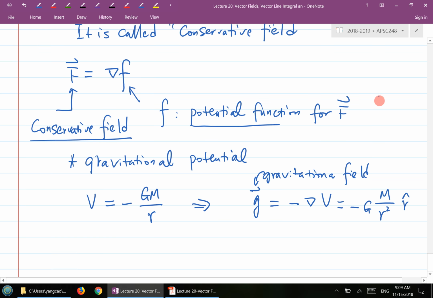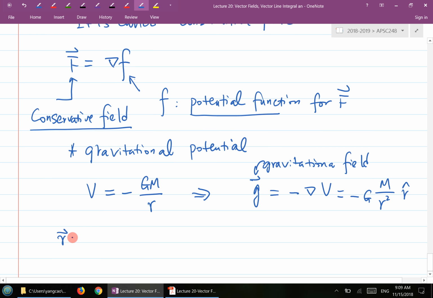R vector is the position vector to any point in 3D space from the center of this big mass M. R hat is just the unit vector of this: you divide it by its length, you get the unit vector.